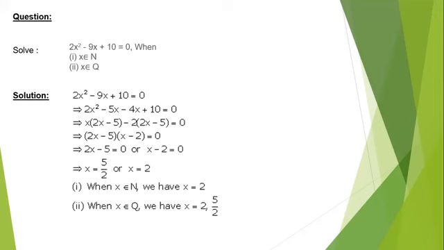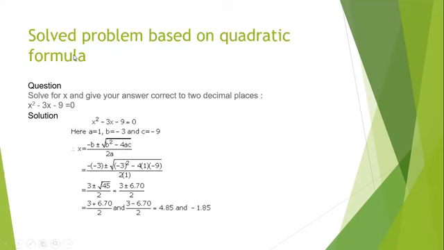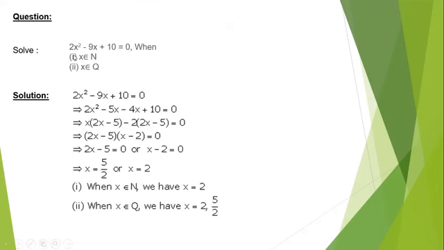See the next example now. Here the question is solve 2x square minus 9x plus 10 equal to 0. Now two conditions on x are given. x belongs to N and x belongs to Q. Q means rational number. First we will solve the equation by the simple method of splitting the middle term.